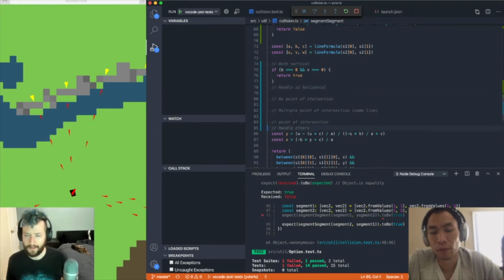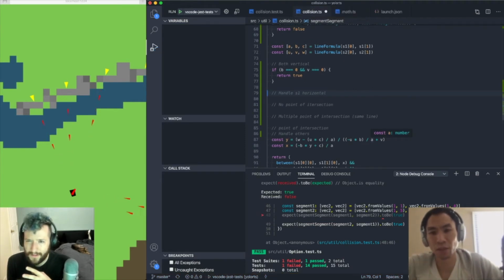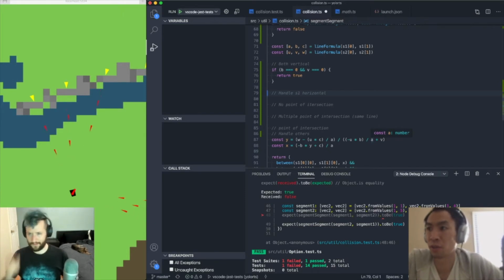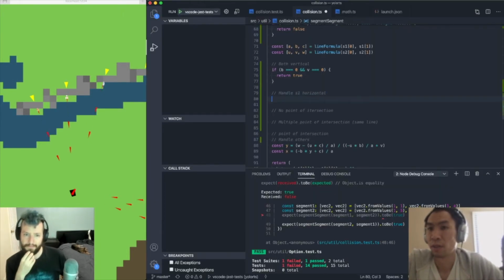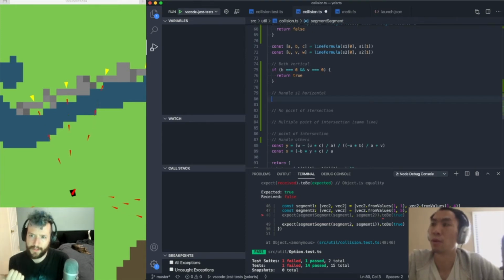For S1 horizontal, we haven't written that yet. So if one of them is horizontal, we need to apply the function to find what the value is on S2 at Y, and then find out if that's on the line segment, right?